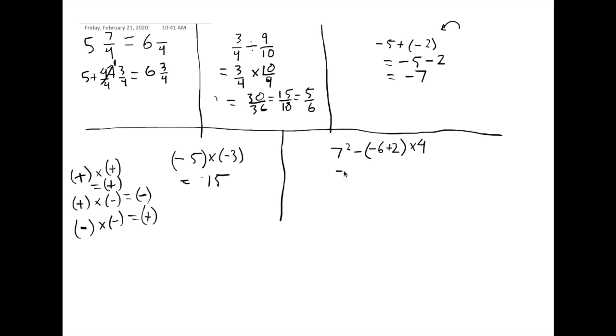Finally, we have 7 squared minus the bracket of minus 6 plus 2 times 4. So now we have to go back to our BEDMAS rule here, which is our order of operations.